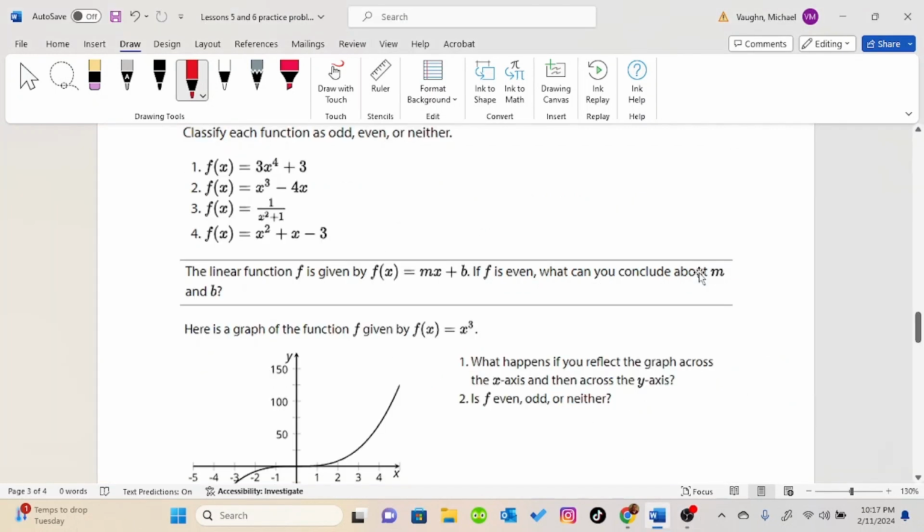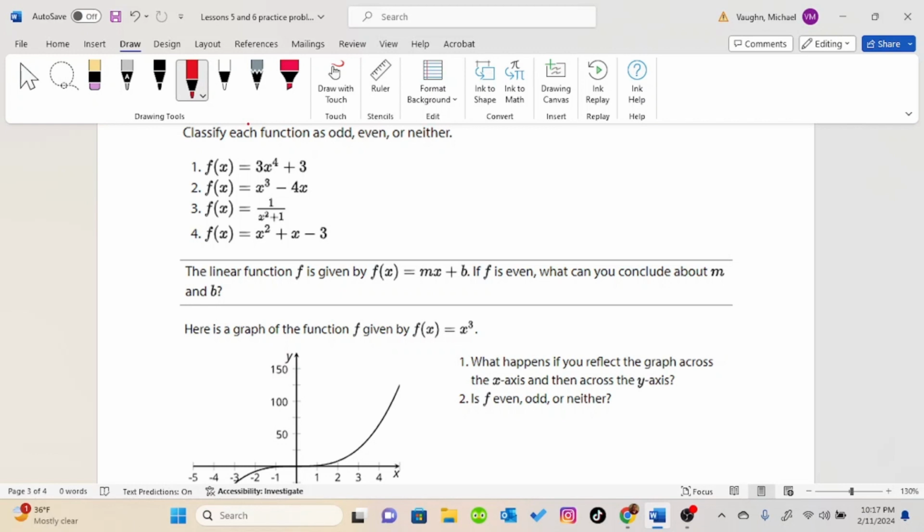Classify each function as odd, even, or neither. To do this, we'll look at number 1. If I have x in here, I get 3x to the 4th plus 3.